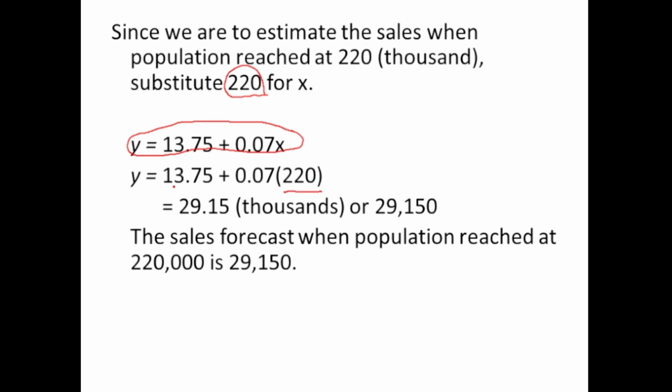Yan. So, nung kinompute po, naging 29.15. Remember, thousands ito, no? So, 29.15 thousand is also the same as 29,150. So, the sales forecast when the population reaches 220,000 is 29,150.